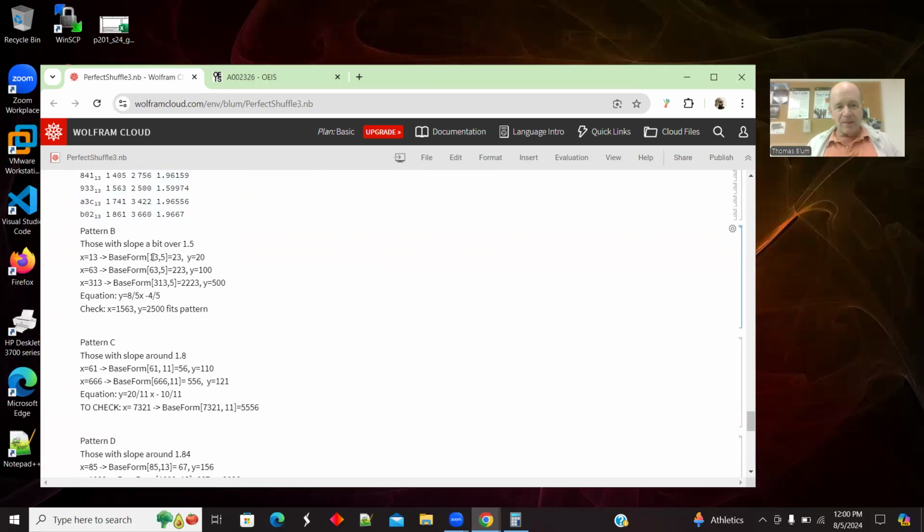These numbers were 23, 223, 2223, and it gave y's of 20, 100, and 500. And so the relationship among the x's and y's was an 8/5 slope minus, and then the intercept was minus 4/5. So 8/5 and 4/5, and the pattern showed up in base 5.